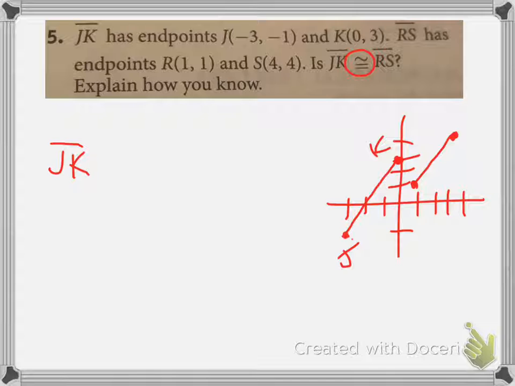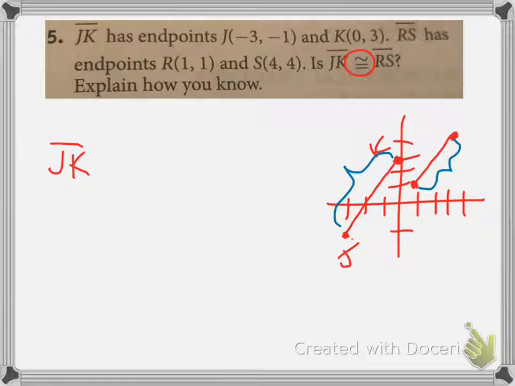This distance doesn't look the same as this one. But we're going to check, because sometimes our image is not perfect. They could be the same, but it doesn't look like it. We're going to either prove it or disprove it.